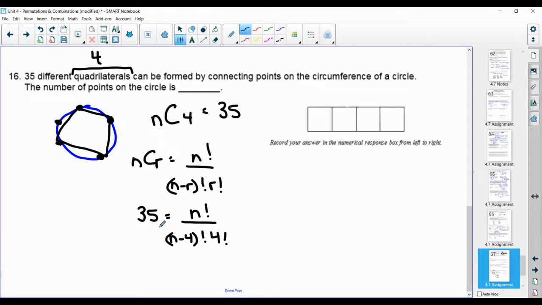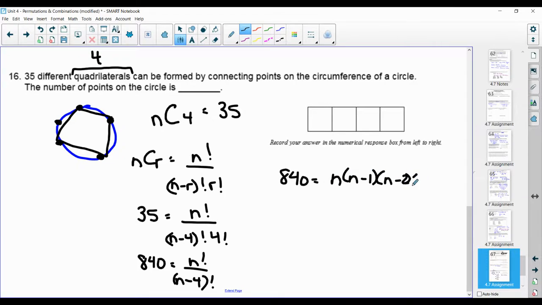And then we could go through 35 times 4 factorial is 840 equals n factorial over n minus 4 factorial. Now, to break that down, we would have 840 equals n times n minus 1 times n minus 2 times n minus 3 times n minus 4 factorial.